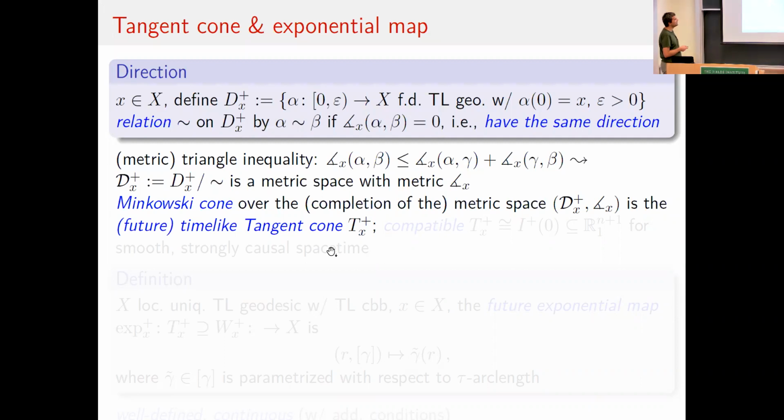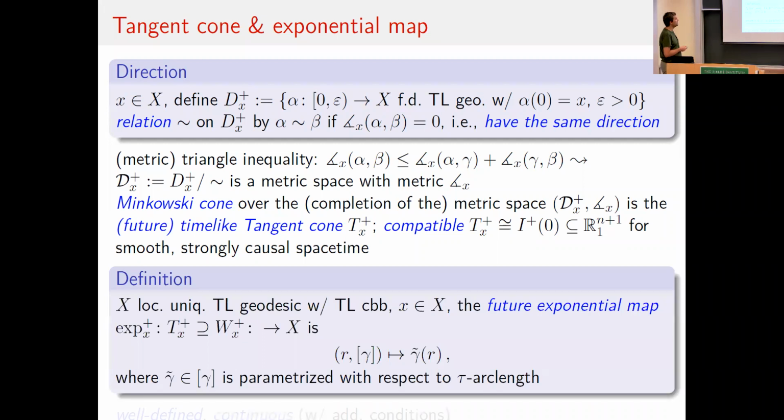So this is similar to metric geometry. This is one way to define the tangent cone in metric geometry. And it's compatible in the sense that if you look at a smooth and strongly causal space-time, then the tangent cone at the point X is actually isometric to I plus of 0 in n+1 dimensional Minkowski space.